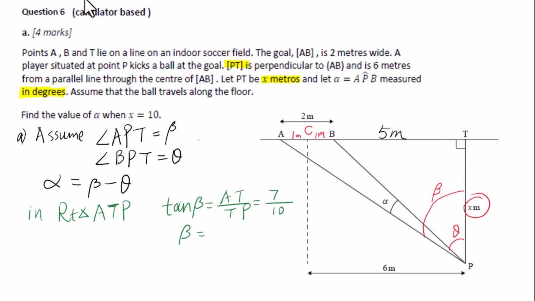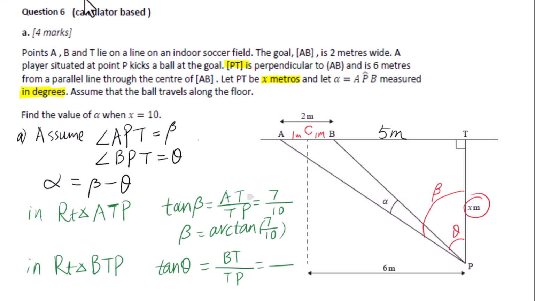So beta equals arc tangent 7 over 10. In right triangle BTP, tangent theta equals BT over TP equals 5 over 10.